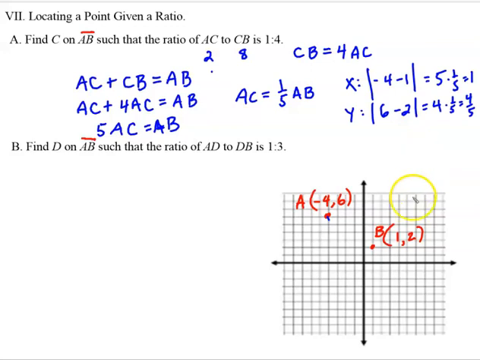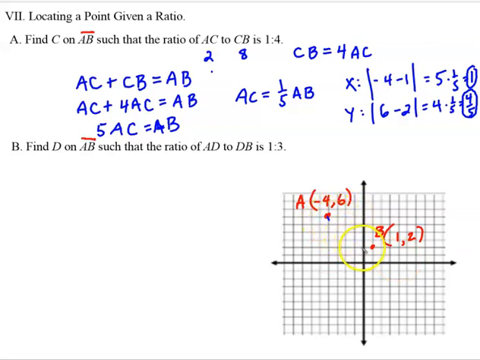All right, so now going from A to B, locating where C is, this is how far we're going to move from A to get to C. All right, so as far as the x coordinate goes, if you think about the x-axis, I'm moving to the right.